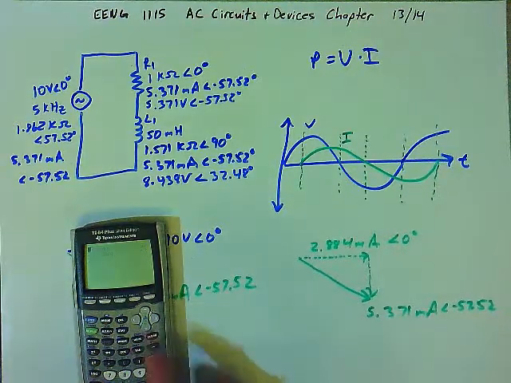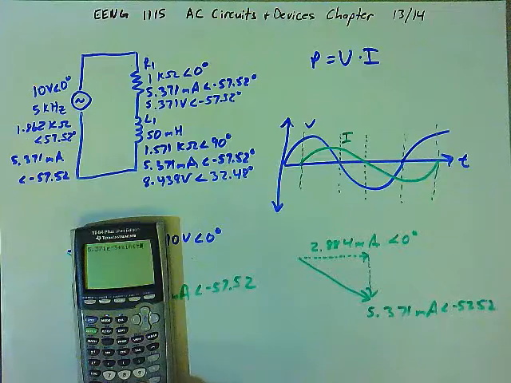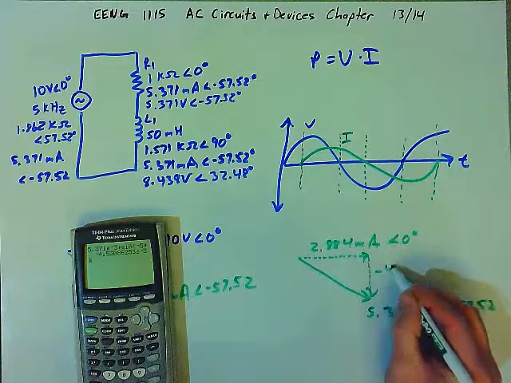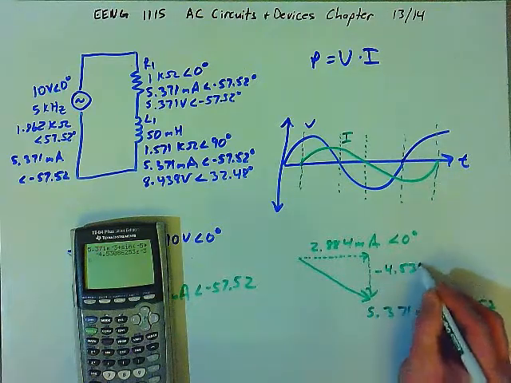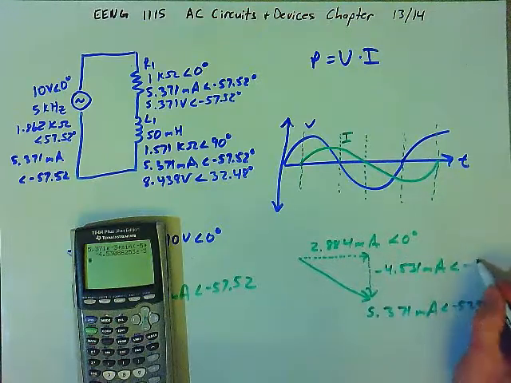And the y component is 5.371 milliamps times the sine of negative 57.52 degrees. And we see that the y component is negative 4.531 milliamps, and the y component is at negative 90 degrees.